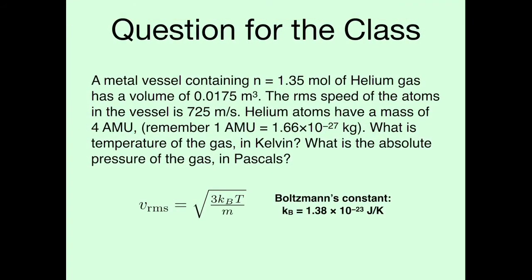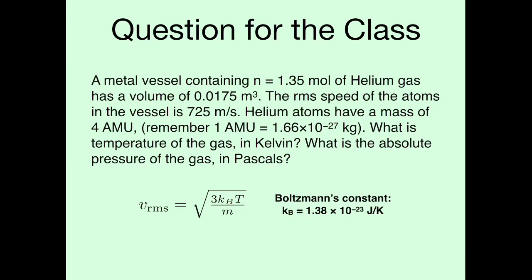Okay, so I'd like you to try this one out. Let's say we have a metal vessel containing 1.35 mole of helium gas, and it has a volume of 0.0175 meters cubed. The RMS speed of the atoms in the vessel is 725 meters per second.